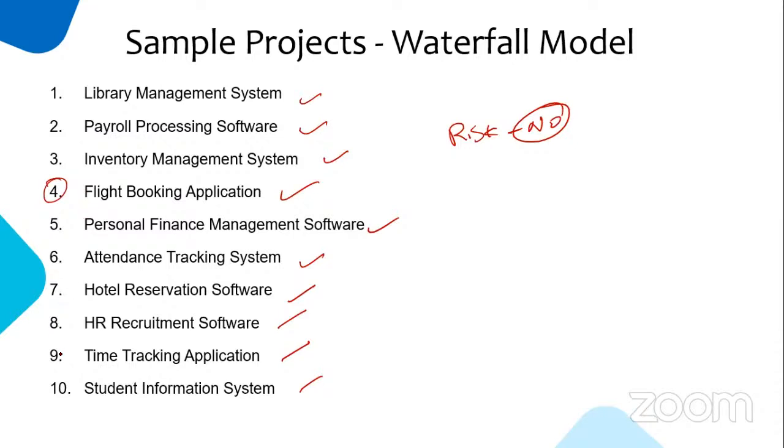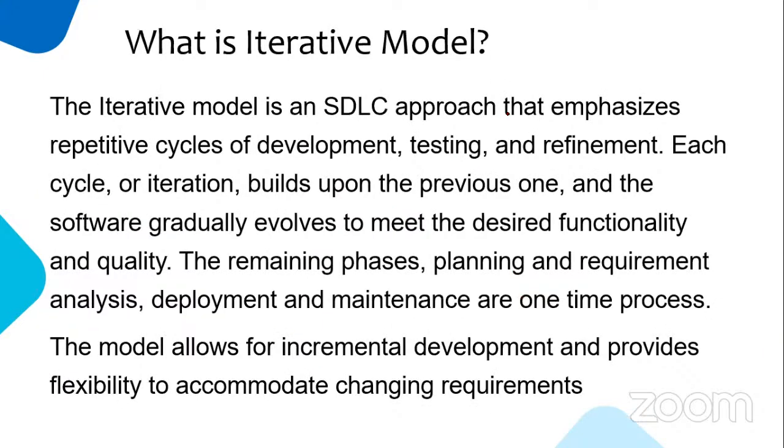And the timesheet in our company, we will use it weekly or monthly, filling your timesheet on Friday. So here the requirement is straightforward. Hotel reservation, yes, these many rooms, okay, book it. There is no risk involved here. Very, very straightforward. Okay, that's about the waterfall model.